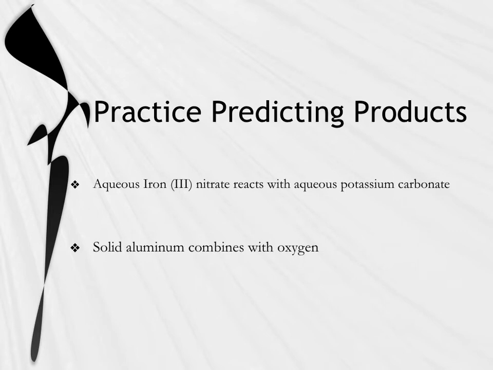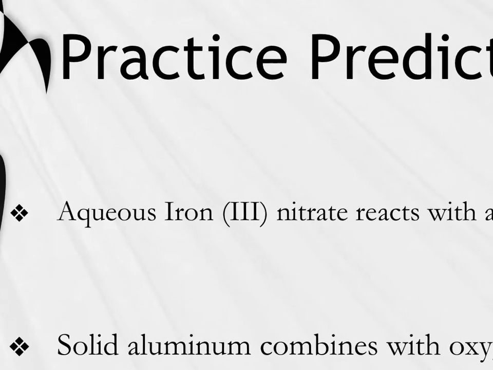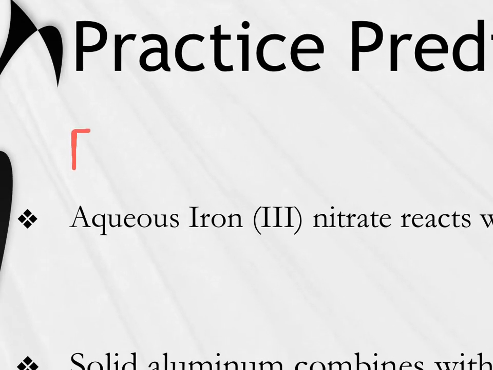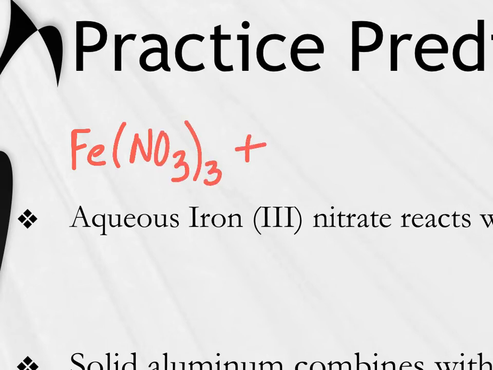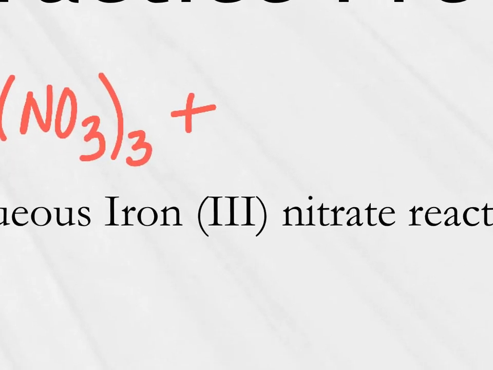Okay, so we said that this one was a double replacement. Remember, we already did that. So we have to write our formulas correctly. Iron 3 nitrate, Fe(NO3)3, reacts with, oh, and it's aqueous. Let's put the little AQ there.